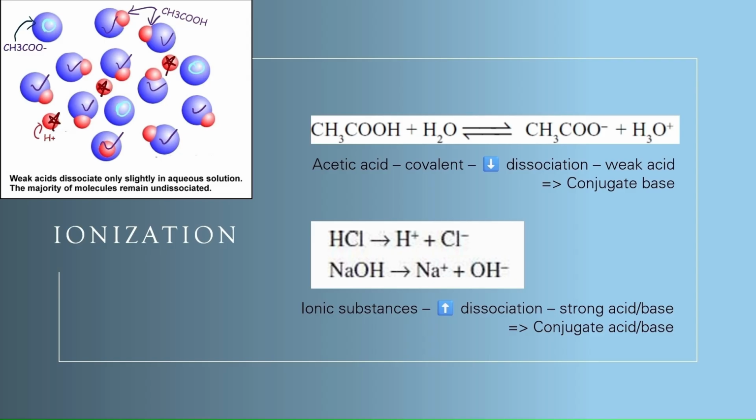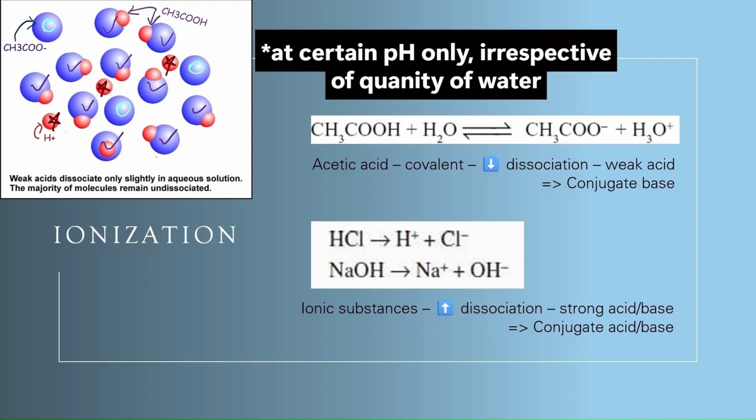And similarly 3 protons. So for a given number of acetic acid molecules, only a fraction of them dissolve into their ions, and that's why we call them weak acids. Okay, so this is the tendency or the nature of the substance, that only this much would dissociate in a certain amount of water or at certain pH.